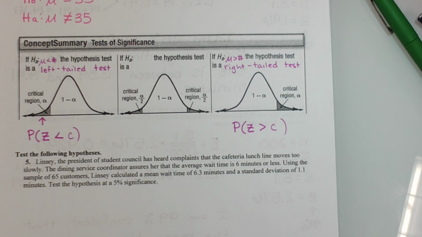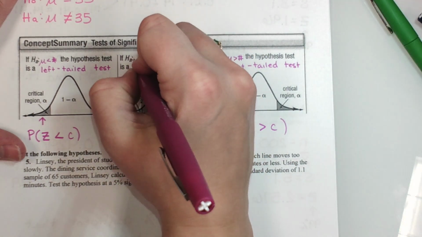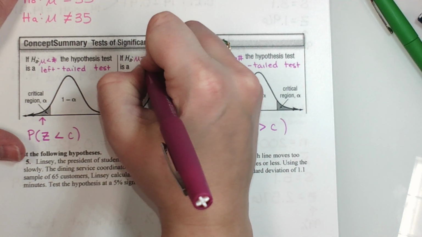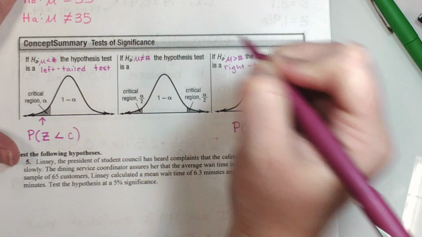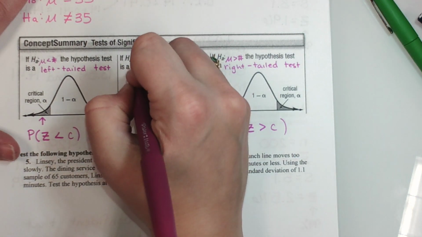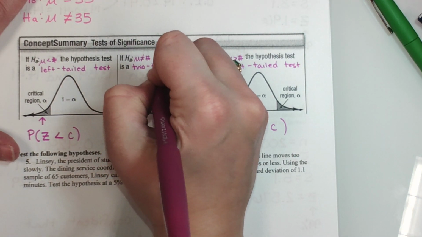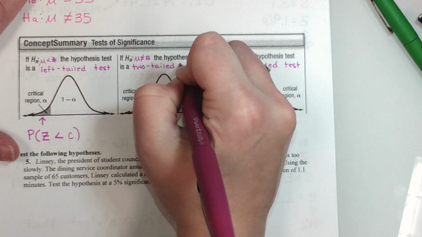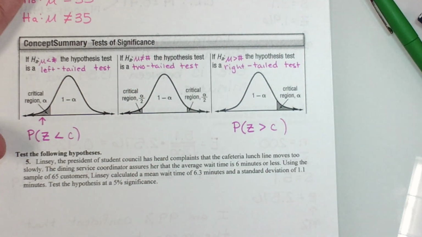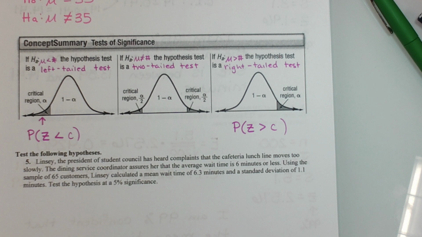Now the two-tailed test is the one in the middle. This is where you have mu not equal to some number. It's called a two-tailed test. The two-tailed test is the one that causes the biggest issues. This is the situation where the expert claims that it is exactly equal to something.